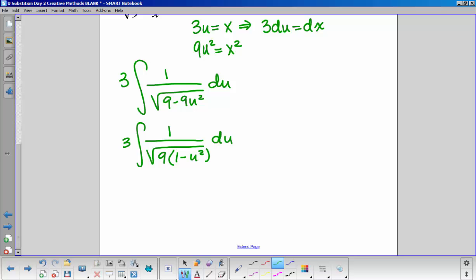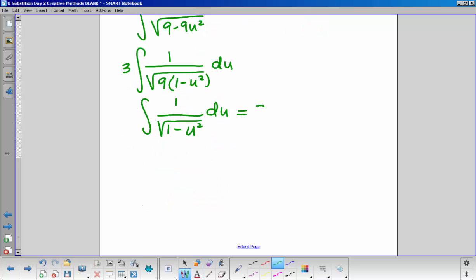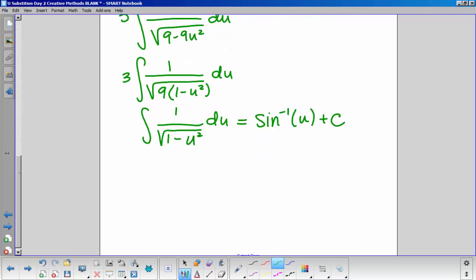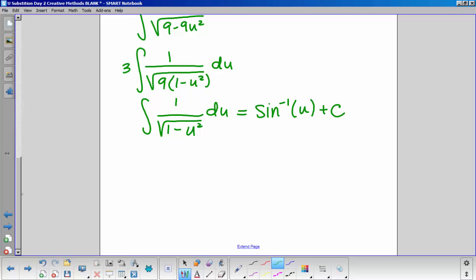Now what is the square root of 9? 3, so the 3's cancel, and I'm left with the integral of 1 over the square root of 1 minus u squared du, which is inverse sine. This is equal to the inverse sine of u plus c, but what is u? u is x over 3. Inverse sine of x over 3 plus c.